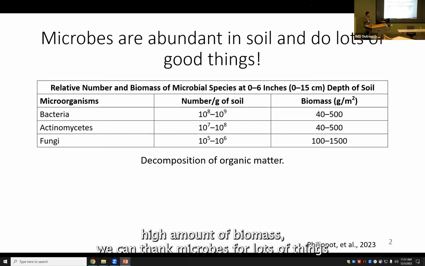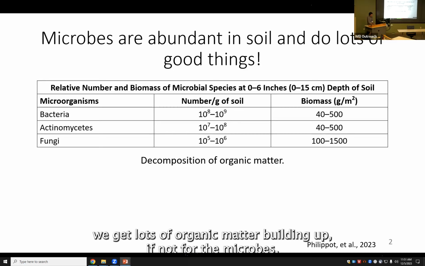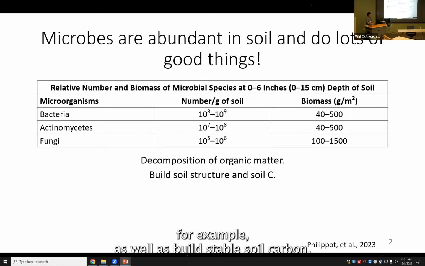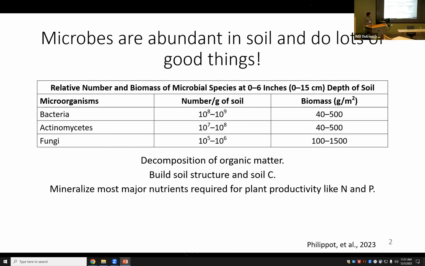We can thank microbes for lots of things. Just to calibrate people to their importance in the room, one, they are imperative in decomposition of organic matter. We'd get lots of organic matter building up, if not for the microbes. Microbes build soil structure that contribute to soil aggregation, for example, as well as build stable soil carbon.